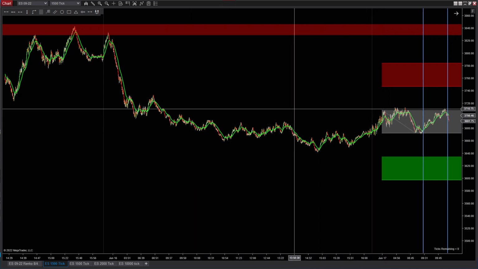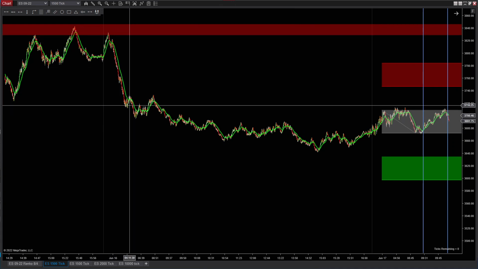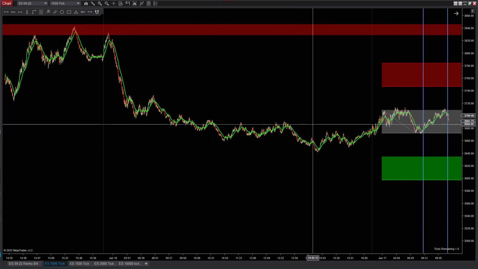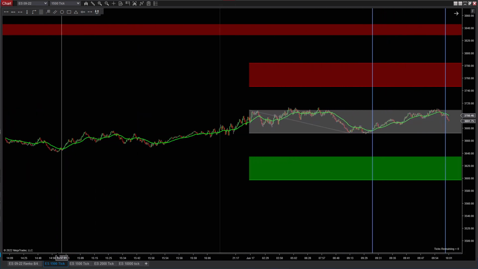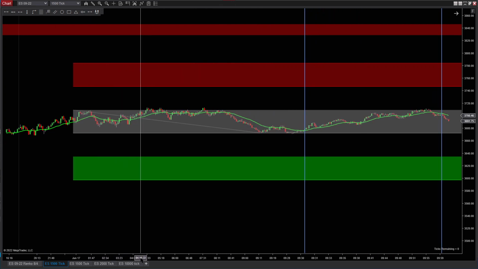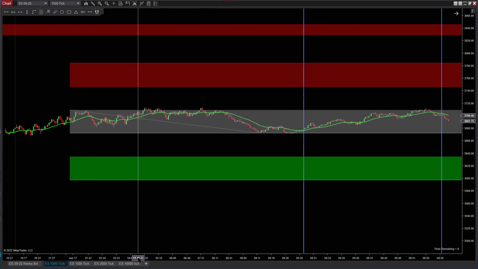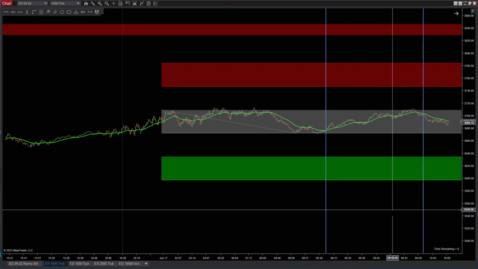So probably because of this spike to the downside from the day before, most likely the market needs to rest a little bit. So let's keep moving this one to the right side, and I'm going to reduce that one and start moving here.